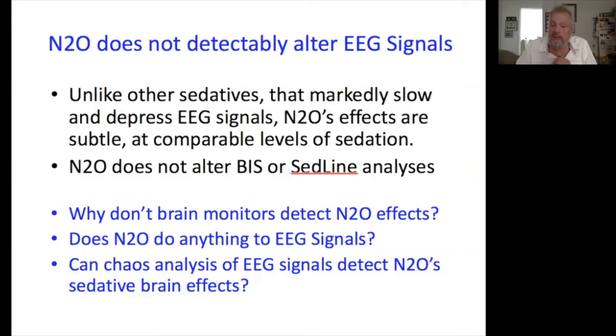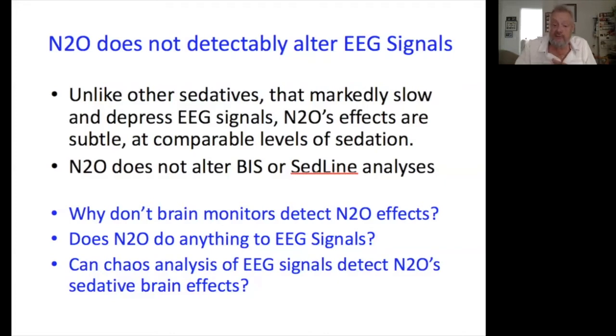Also, none of the clinically used brain function monitors like the BIS or the SedLine are able to detect the effects of nitrous oxide, whereas they reliably detect sedation produced by other agents like volatile anesthetics, propofol, barbiturates, etc. So nitrous doesn't alter either the BIS or the SedLine analysis.